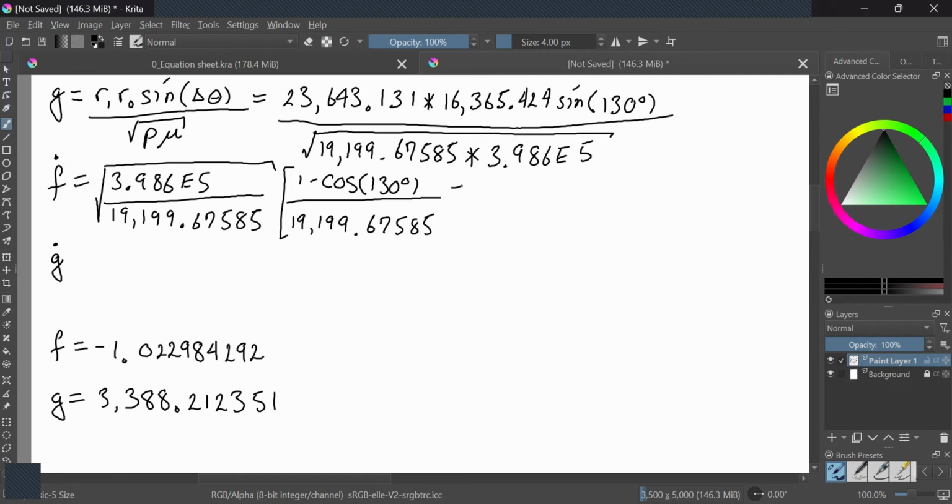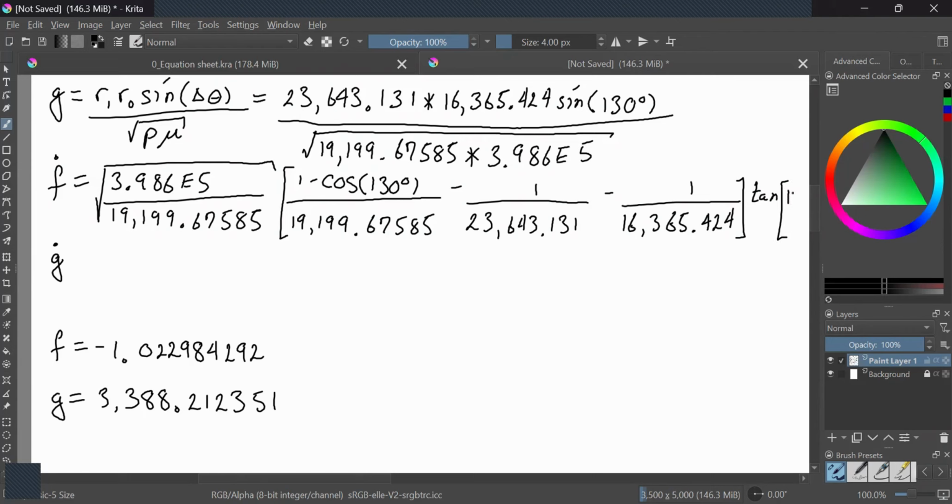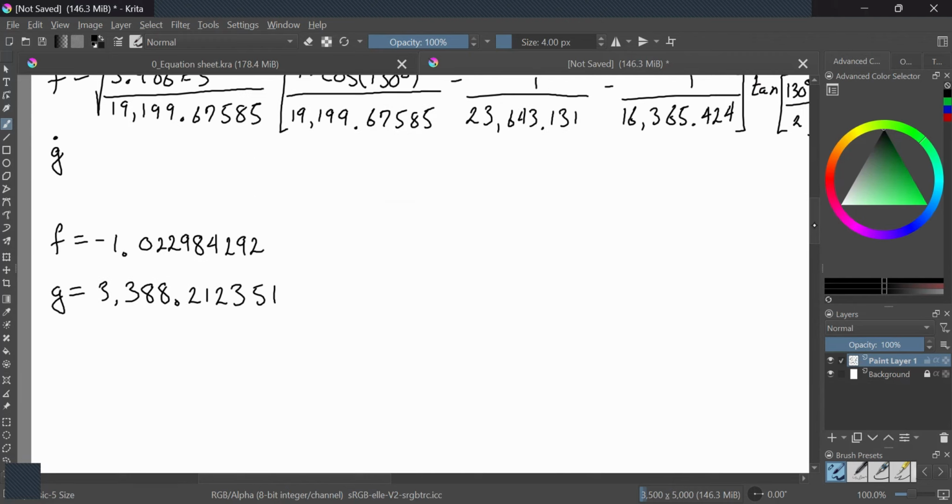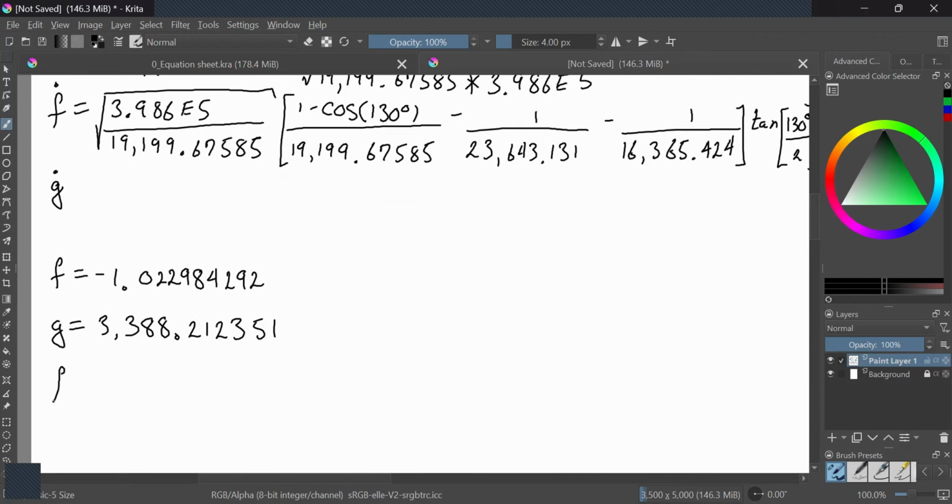So minus 23,603.1 inverted minus 16,365.424 inverted. Remembering the tangent, I very nearly forgot it. It's 130 degrees by 2. There it is. And that will give us an f dot value.